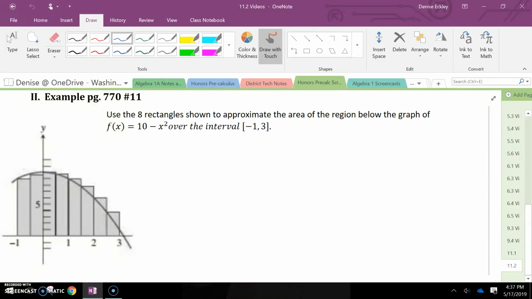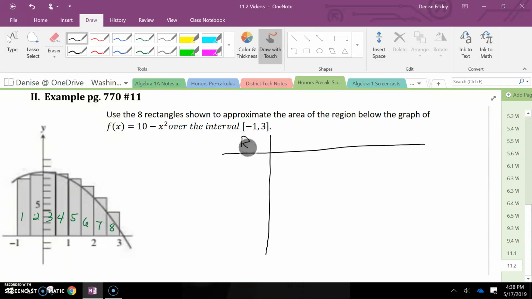Okay, so the first thing we need to do, I like to label each rectangle. So we'll call this one 1, 2, 3, 4, 5, 6, 7, and 8. Because I'm going to make a table of values, and it's just a lot easier if you have the rectangles labeled. Keep everything straight.